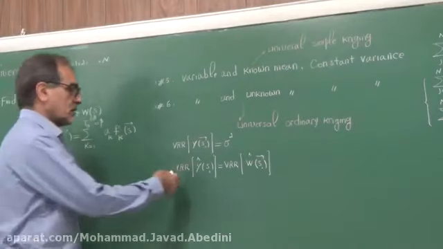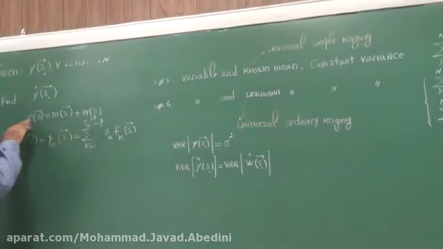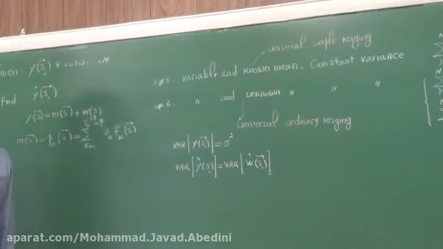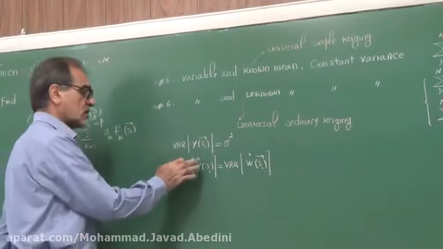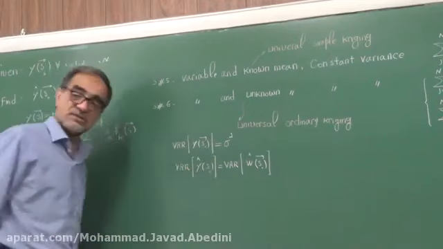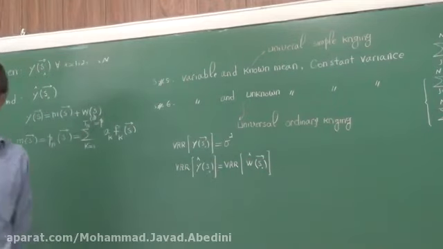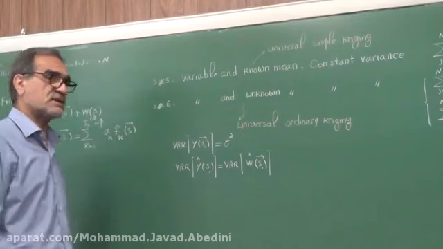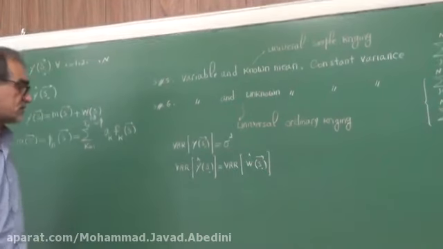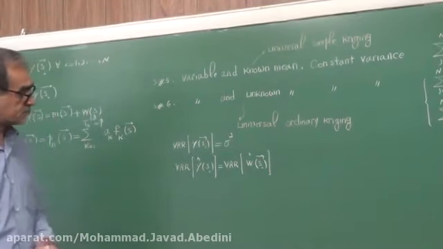Because variance of y is the same as variance of w, regardless of the argument. Therefore, variance of y hat is the same as variance of w hat. This deterministic component has nothing to do with variance.